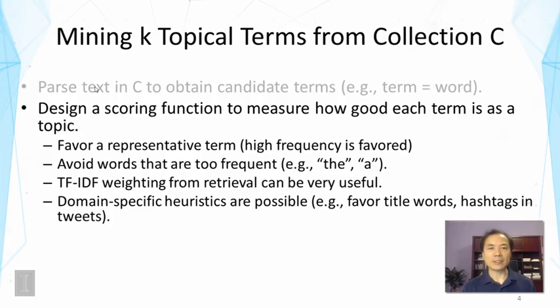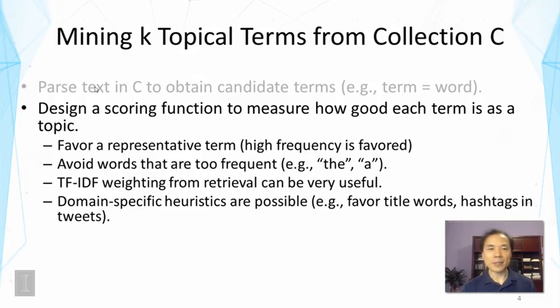Well, there are many things that we can consider. For example, we can use pure statistics to design such a scoring function. Intuitively, we would like to favor representative terms, meaning terms that can represent a lot of content in the collection. So that would mean we want to favor a frequent term.